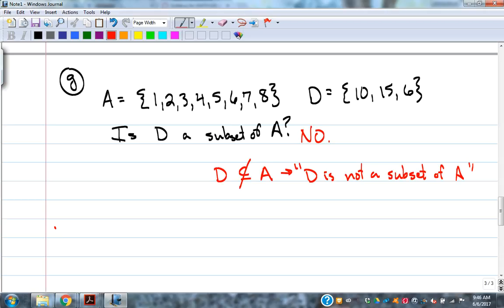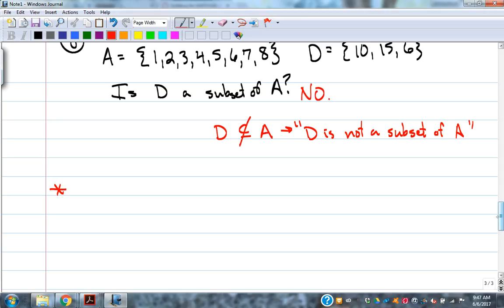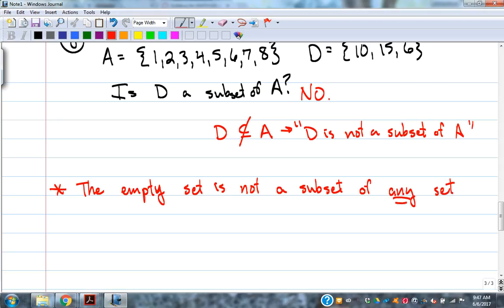One bit of information that is kind of a theory thing, it comes up every now and then but not very often, is that the empty set is not a subset of any set.